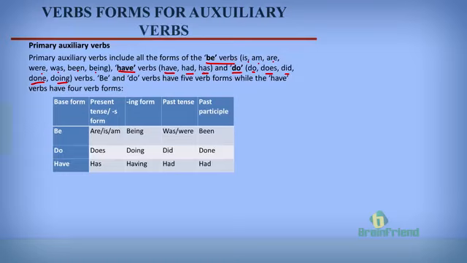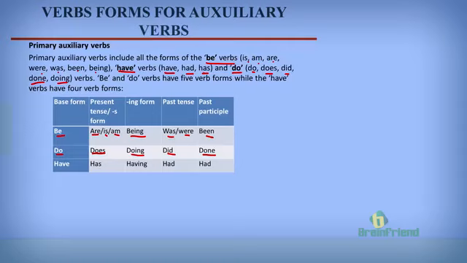Now, let's look at this table here. The verb be has its base form as be, present tense form as either are, is, or am, ing form as being, past tense form as was or were, and past participle form as been, which makes it 5 verb forms. And then the do verbs has its base form as do, present tense form as does, ing form doing, past tense form did, and past participle form done, which makes it also 5 verb forms.